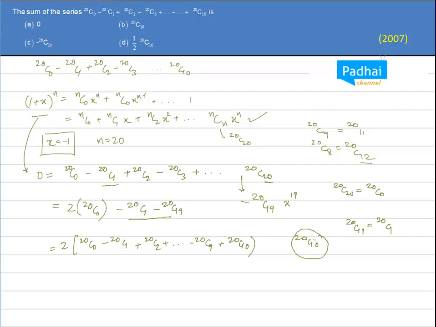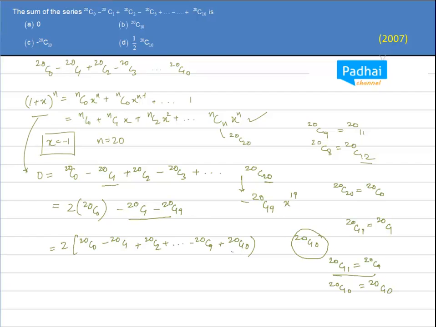Why? Because you will not get any other term similar to 20C10. Why were we getting 2 times 20C9? The reason was that we have 20C11 as well, and 20C11 is nothing but 20C9. But for 20C10 we would require another 20C10, which we do not have, because we have only one 20C10 in the equation.